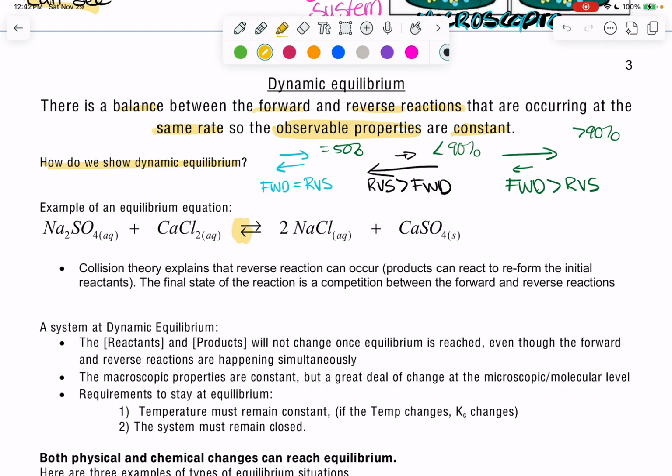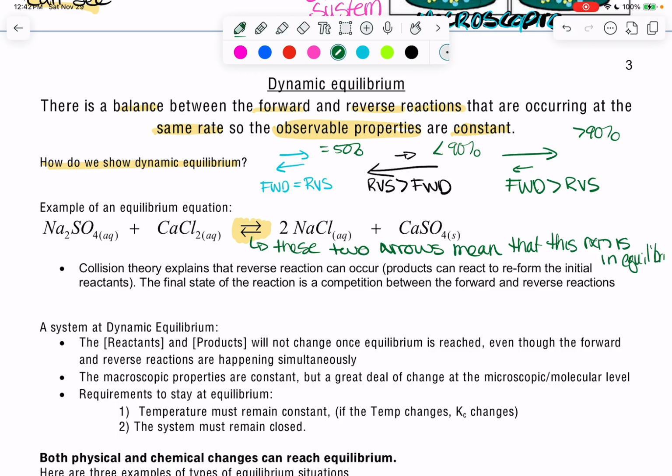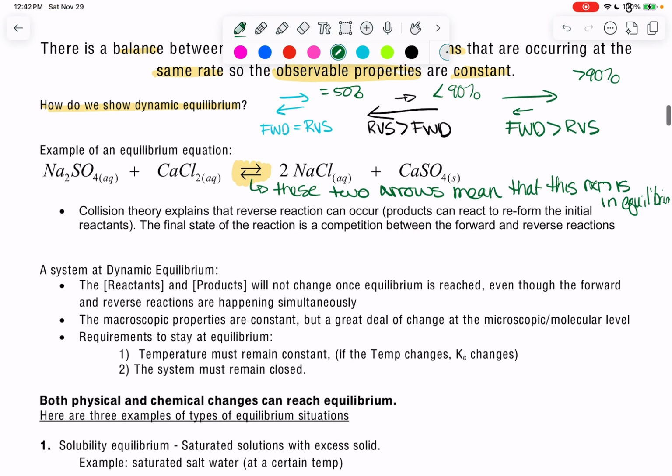We'll always see 2 arrows. These 2 arrows indicate that this is an equilibrium. So this reaction, rxn, means reaction is in equilibrium. Awesome.